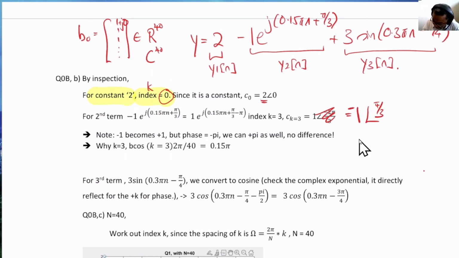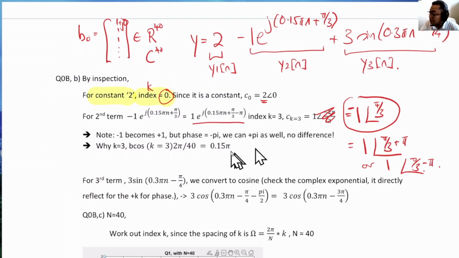This is minus 1 angle pi over 3, which is equal to 1 angle pi over 3 plus pi, or if you prefer, 1 angle pi over 3 minus pi. So we did this. We convert this plus pi over 3 to be minus pi, and therefore now we have minus 2 pi over 3. So this is actually correct.